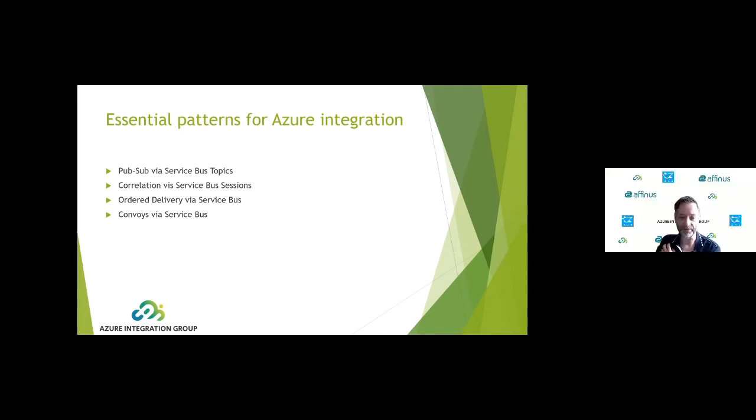Yeah, so pub sub is an easy one, really. Service bus topics give us the ability to publish a message and then create a subscription. A subscription in service bus is a collection of filters, or rules, I should say. For each subscription, we have a rule with filters in there, and the filter language, which is quite similar to OData, lets us say we're looking for certain values.